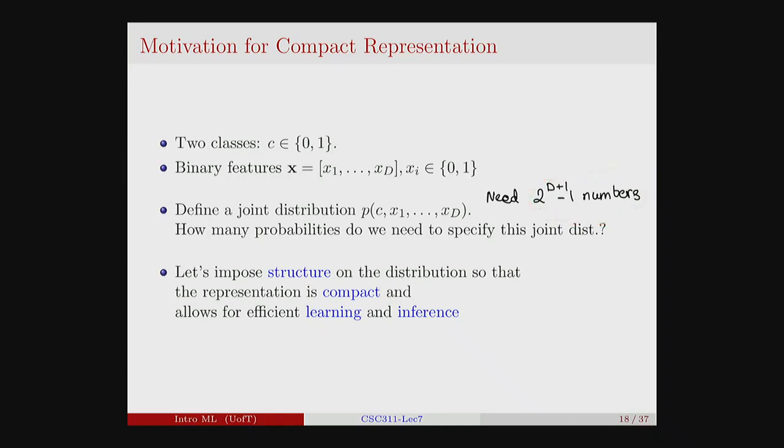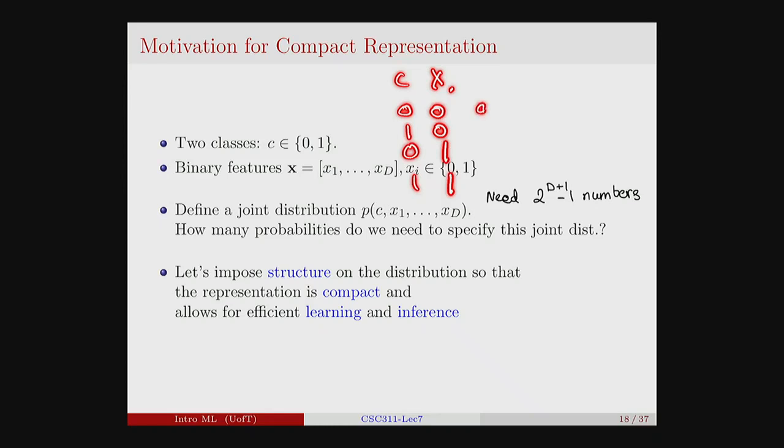Is that clear as to why it's 2 raised to D plus 1 minus 1? Whenever you see things like this, just substitute in a real number to get an intuition for why that number takes that value. So let's say we only had exactly one feature, then we would have 2 variables that we would need to represent the joint probabilities of. We need to consider all the possible configurations you could have, and that's 4 configurations.